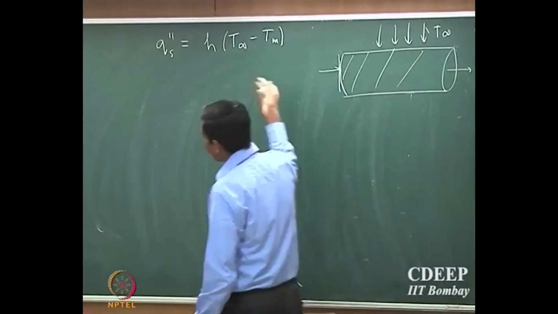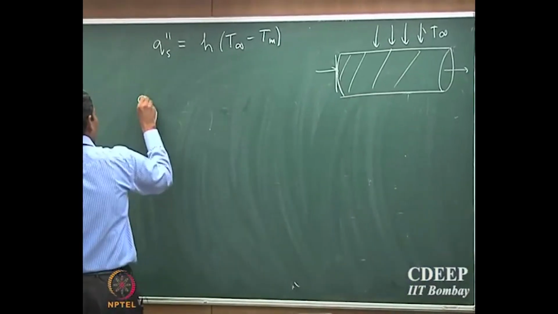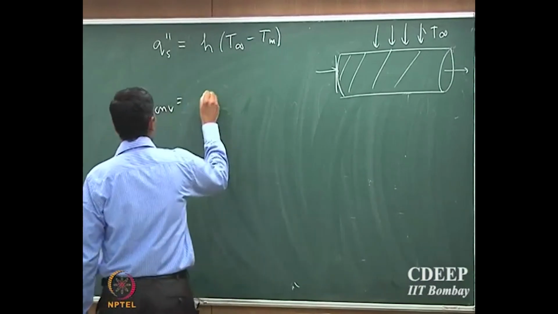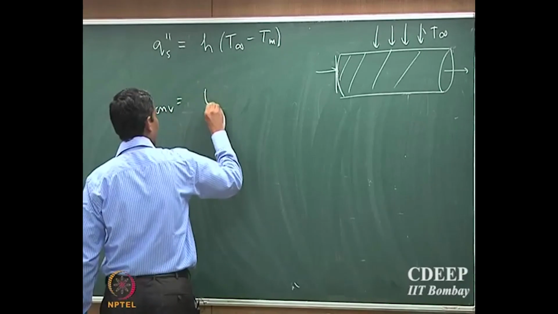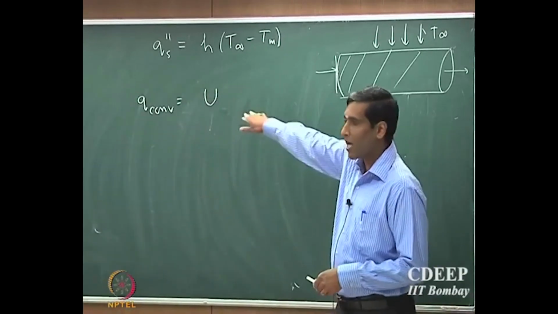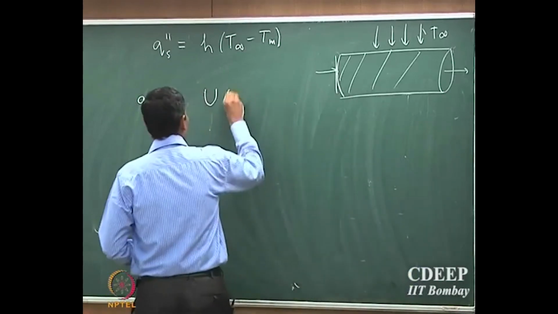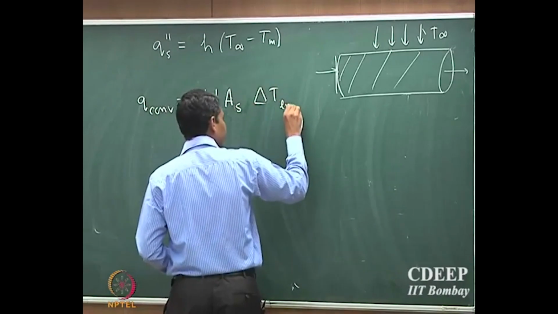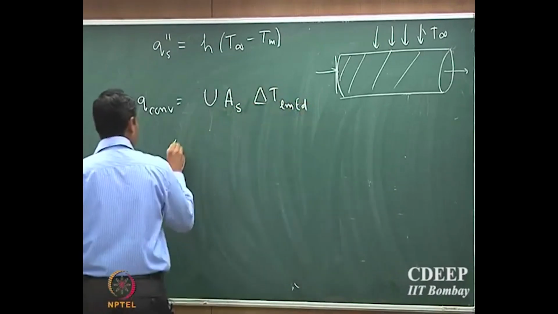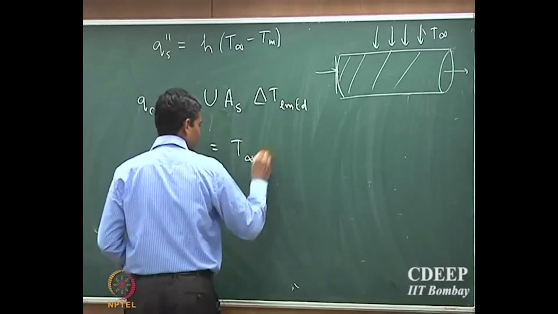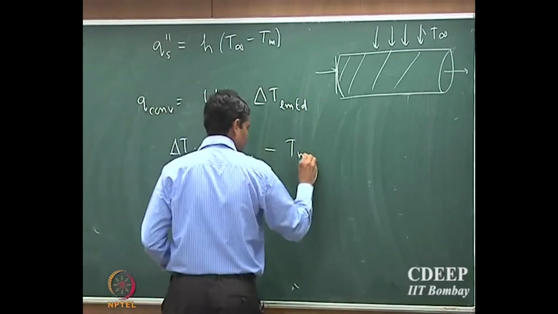Now if I incorporate that definition here, Q convection will be equal to some heat transport coefficient, which I write as U, and I'll explain in a short while why I use U here. U into A_S into delta T log mean, where delta T is defined as before.